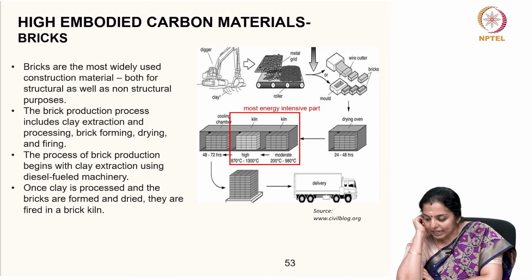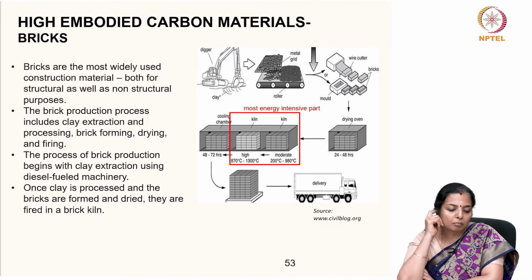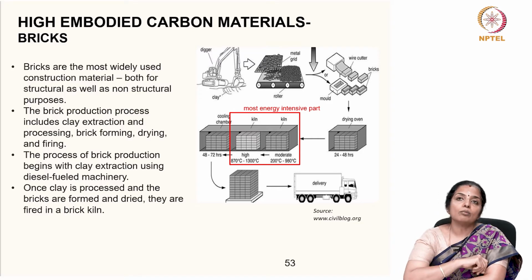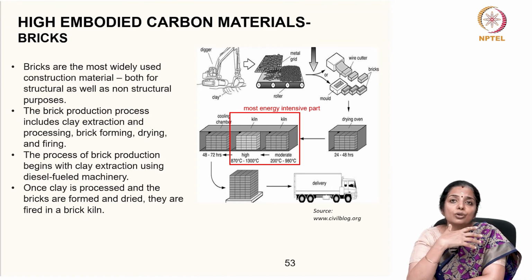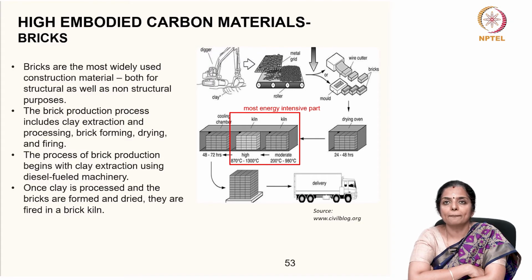Now, let us look at bricks. Bricks are considered a high embodied carbon material if they are burnt bricks. They are most widely used in construction, so the quantum of brick used is humongous. It is used for structural and non-structural purposes.